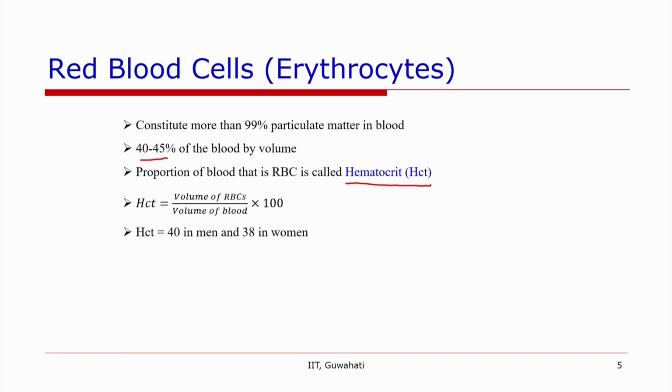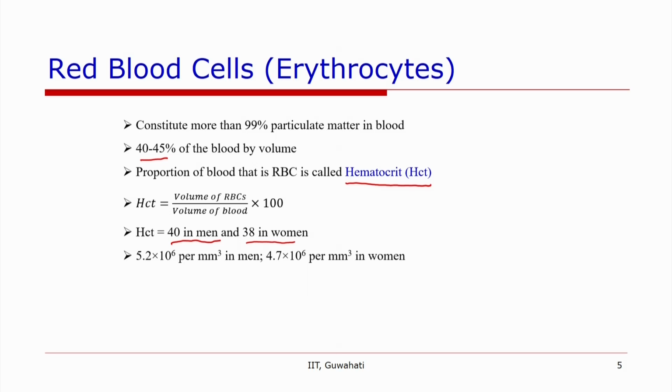The HCT or hematocrit is about 40 in men and about 38 in women on average. The number of red blood cells per cubic millimeter is about 5.2 million in men and about 4.7 million per cubic millimeter in women.